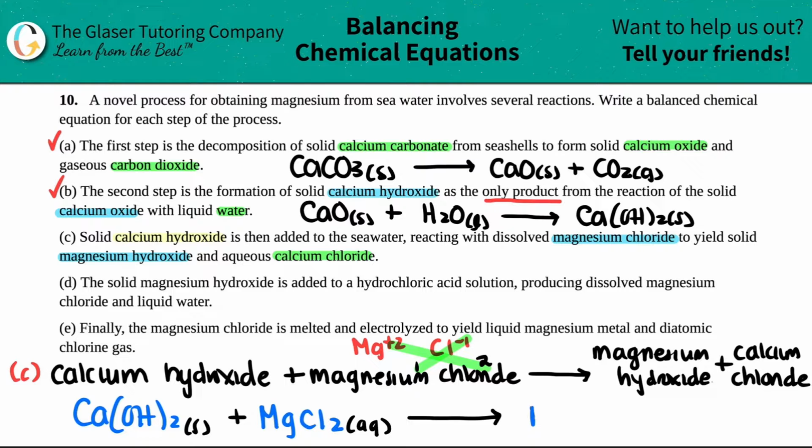We have Mg(OH)2, and they told me that that was a solid. So we have solid plus calcium chloride. Calcium, Ca2+. Chlorine, just like we saw before, was a -1. Crisscross it out to get the compound. The 2 tells me that I need 2 chlorines. The 1 tells me that I need 1 calcium. So this would be CaCl2. And they told me that that was aqueous, so AQ.